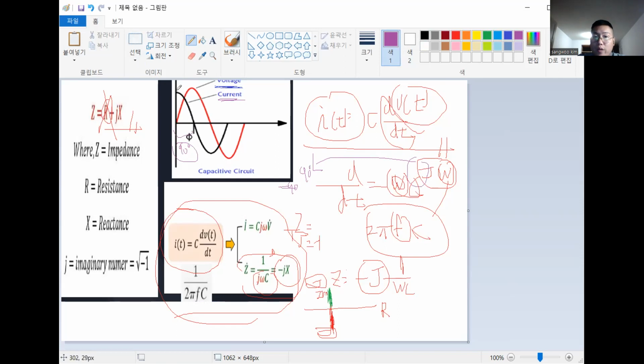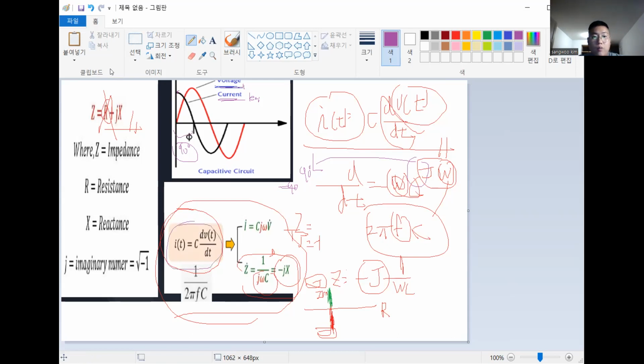Now current is black, right? Here, current leads, and voltage is lagging, right?